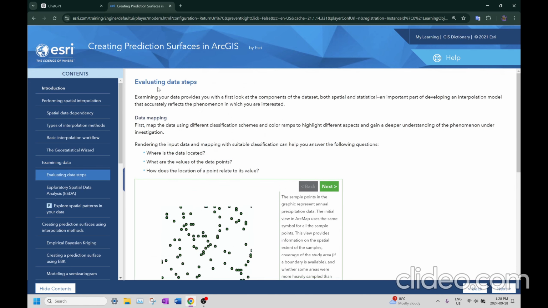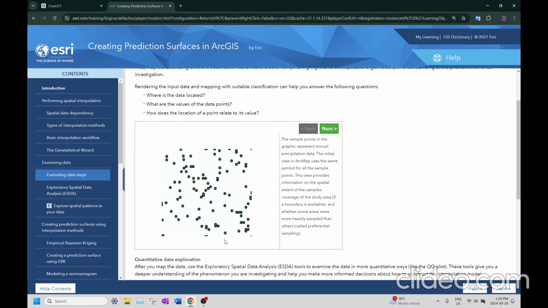In examining data, it is necessary to evaluate the data, first by visualizing it. First of all, we have to see the location, the proximate location of the data collected.